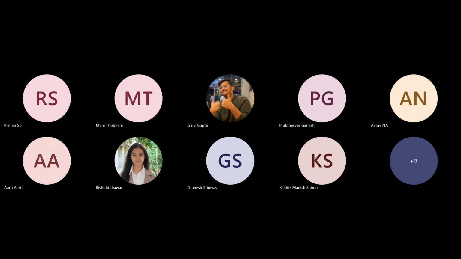Hi, am I audible? Yeah, you are. Okay, so I had a doubt. When we do the Wilcoxon test, what value do we compare with the critical value? Is it always the smaller value among W plus and W minus? Yeah, it is the smaller value. First, you will get two values, W plus and W minus.